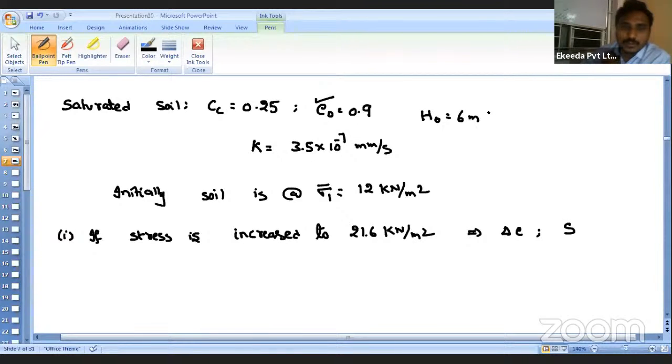Now, how can we find out the change in void ratio? Initial void ratio is given, initial thickness is given. Sigma 1 is given in the question: sigma 1 is equal to 12 kilonewton per meter square. Again, I will explain that.